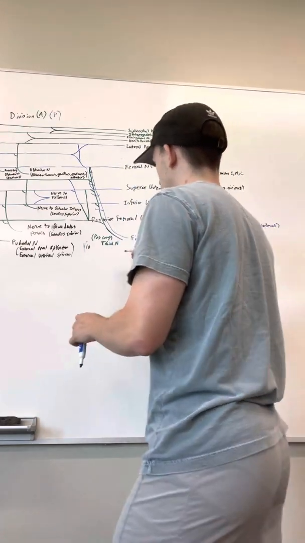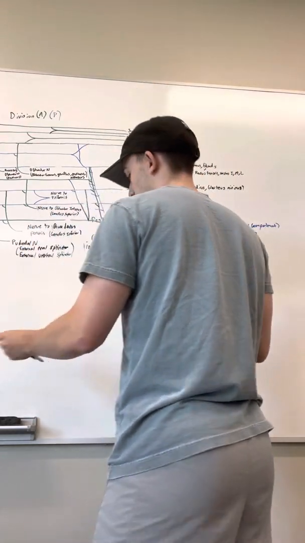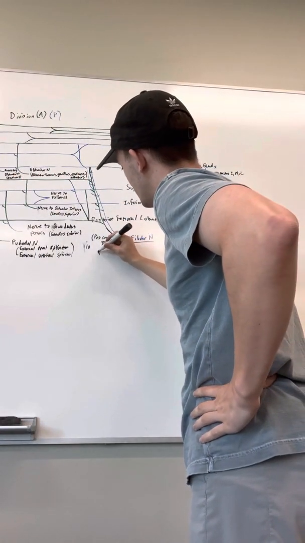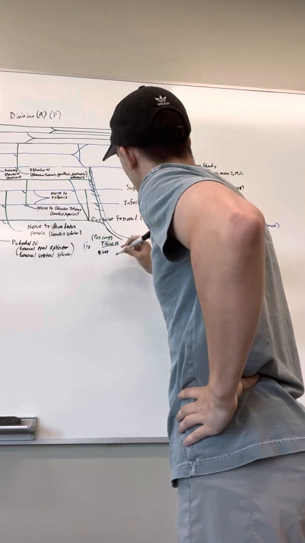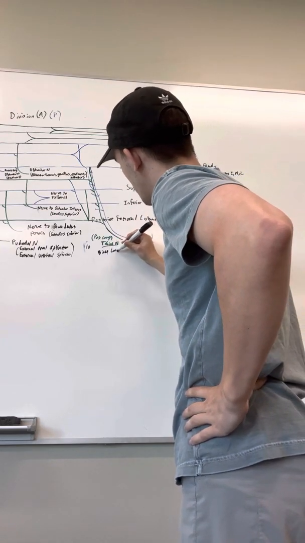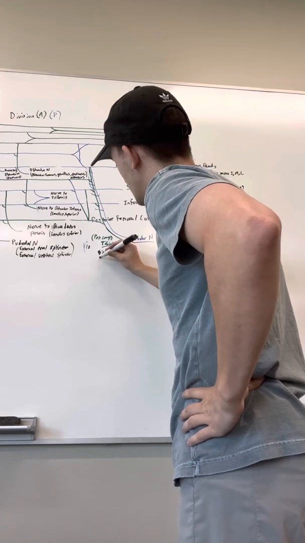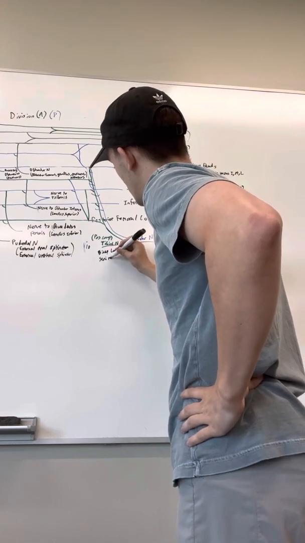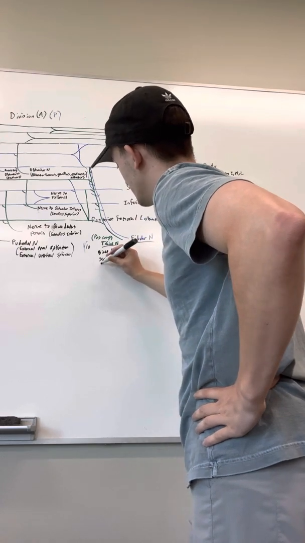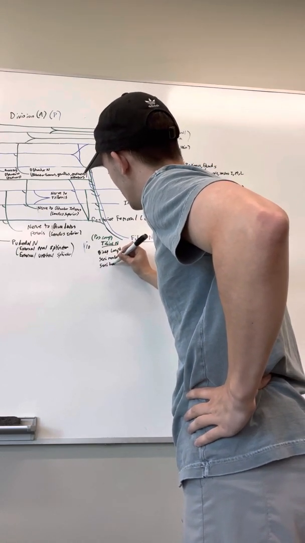Let's start with the tibial nerve. So we have the biceps femoris long head. We have the semimembranosus. We have the semitendinosus.